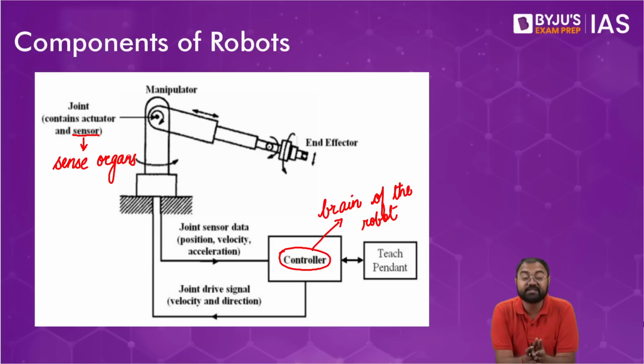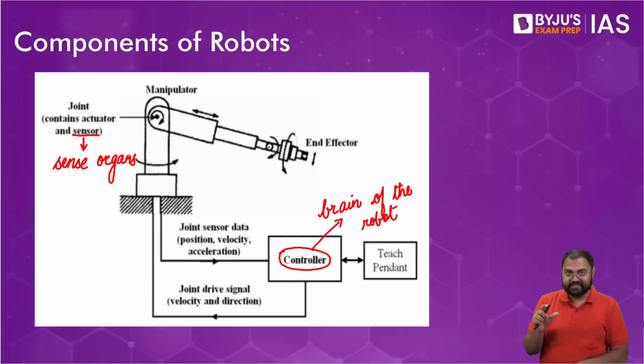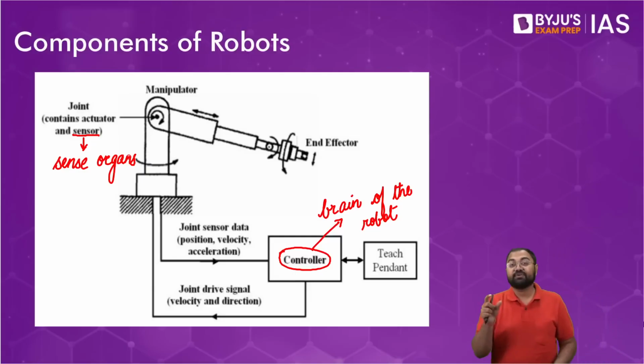What is the role of the sense organs? That they are in contact with the external world. Eyes, ears, nose, tongue, skin. These are in contact with the outside world, and that's why they gather information about the outside world and pass the information to the brain. And the brain will take a decision based on the information received from these sense organs. Similarly, you have the sensors, and the sensors will also have a very similar role.